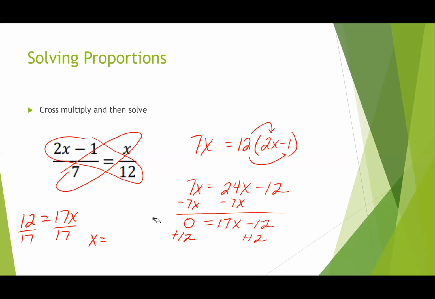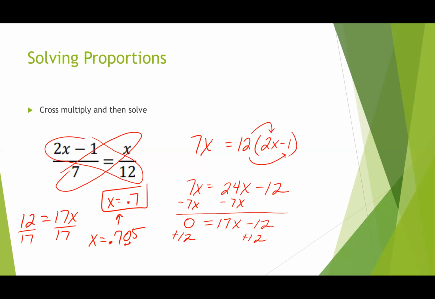I apologize, I misspoke earlier. If we're going to round that to the tenths, look at that 0. Is it going to make it go anywhere? No. So x would just be 0.7. All right, so there we go.